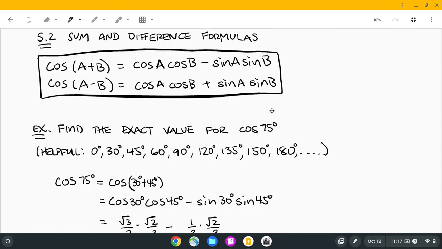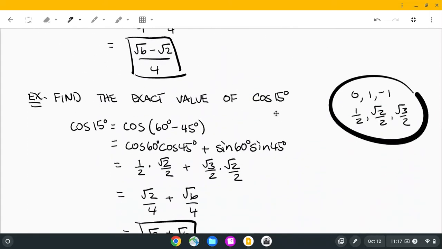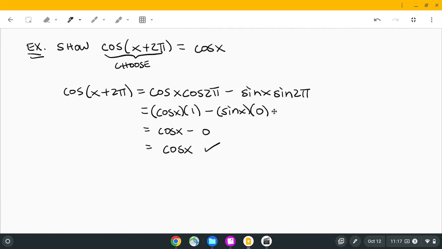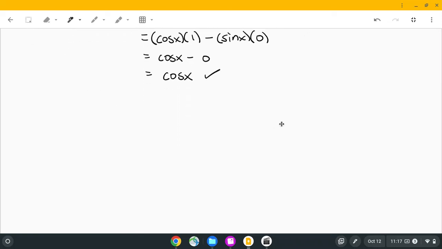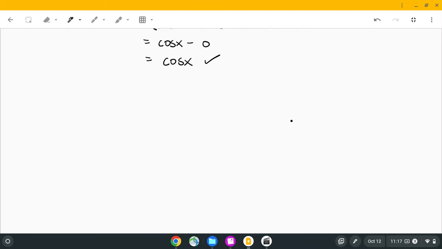The sine formulas are going to be slightly different. Okay. All right, so be able to recognize which one it is. So here, if you see cosine, cosine, sine, sine, you know that it's going to be a cosine of a sum or difference. So let's take a look at an example of what I'm trying to say.